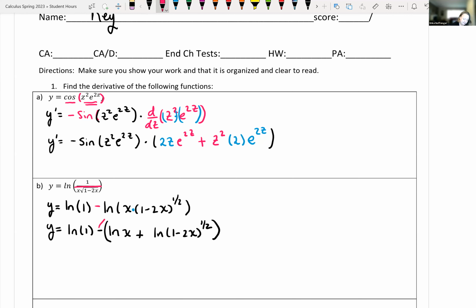And again, I can use rules of logs, which says I can bring my exponent down front. So rewriting this, I have y is equal to the natural log of 1 minus the natural log of x minus, bringing down my power, 1/2 natural log of 1 minus 2x.